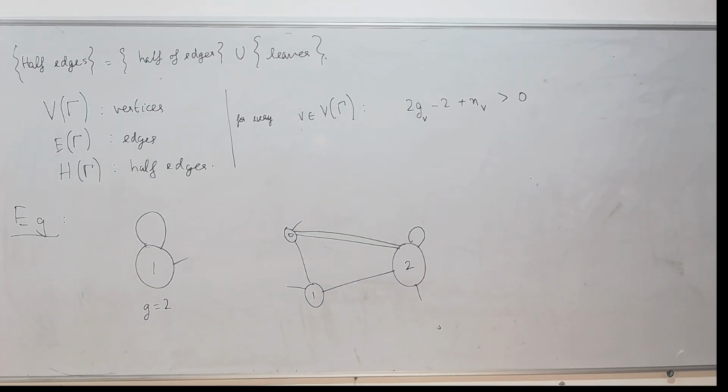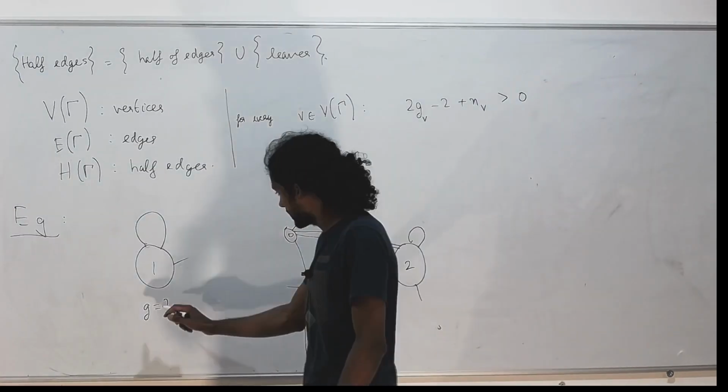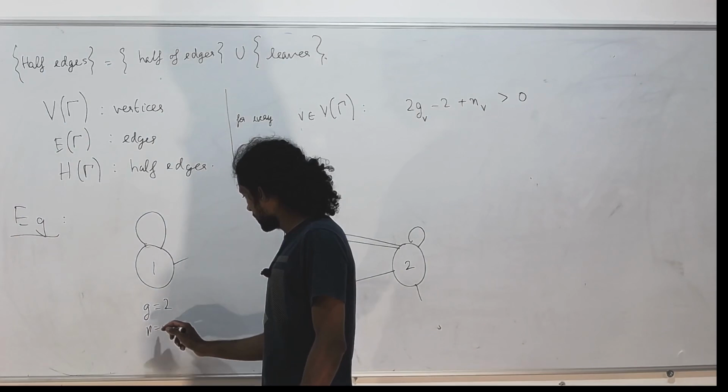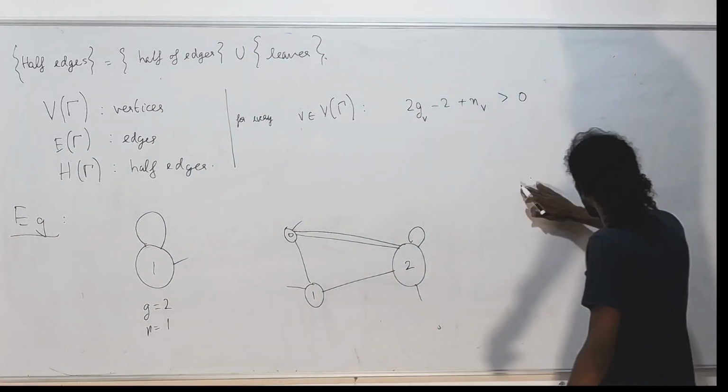Oh, and I will call. So this is g is 2, n is 1, right? Okay, I'm not going to count the genus there.